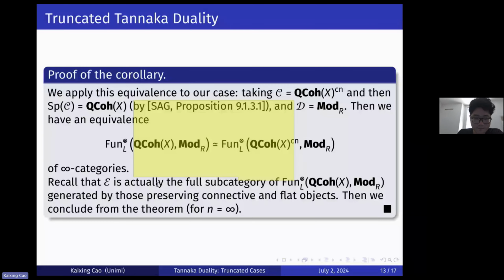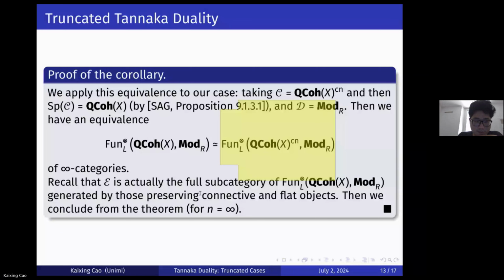So we know E is preserving the coproducts, connected objects, and the flat objects. The corresponding functors in the right-hand side, the E prime, is just the full subcategory of this functor category generated by those preserving the connected and flat objects.